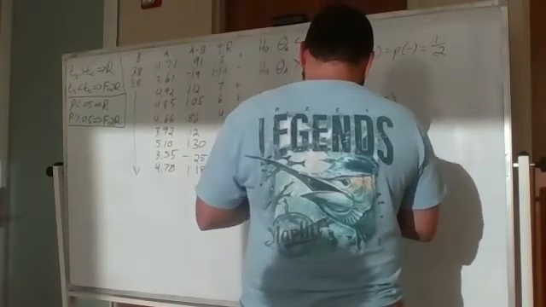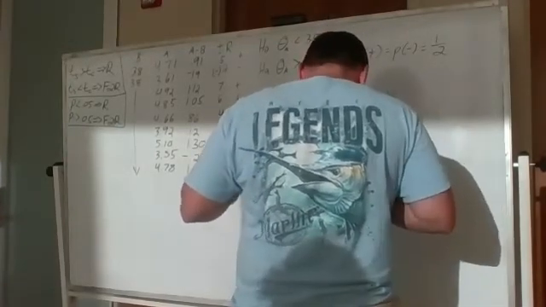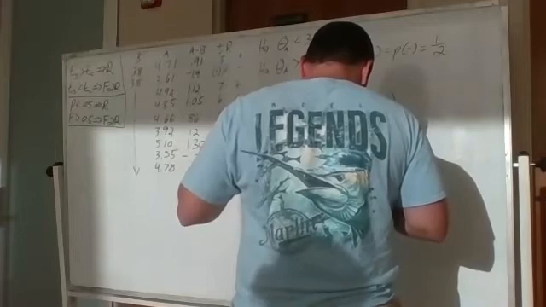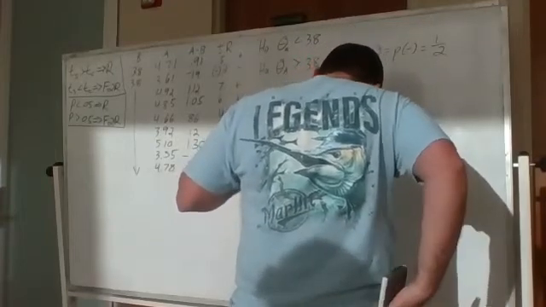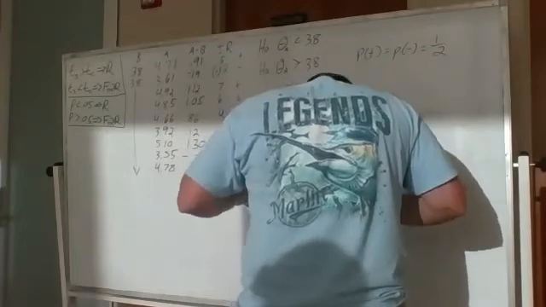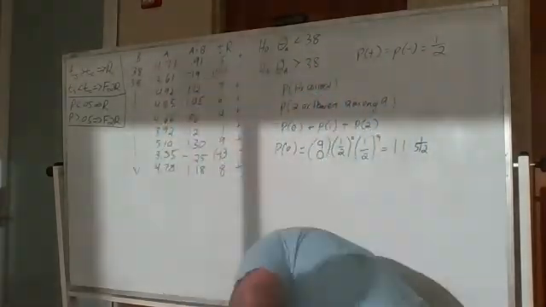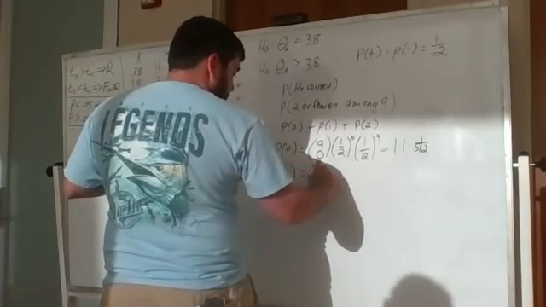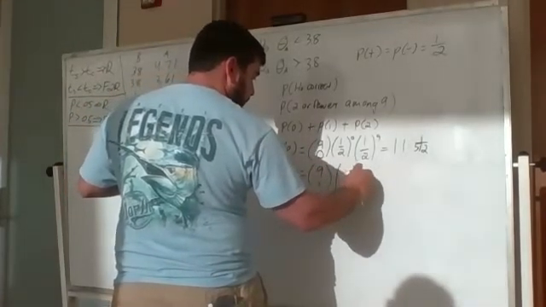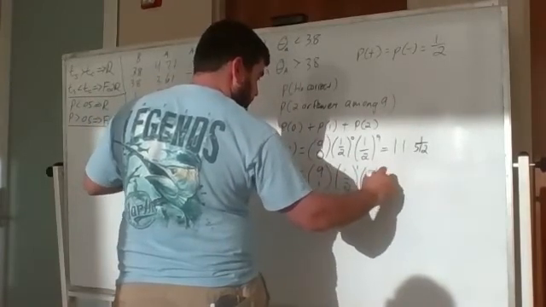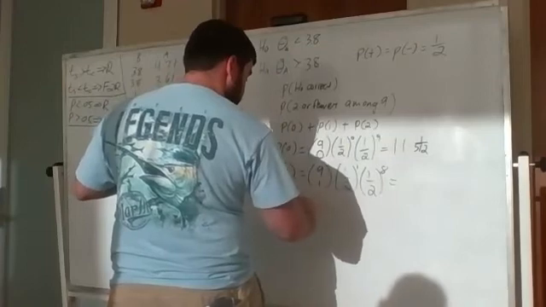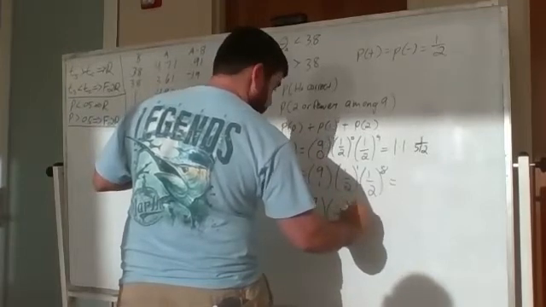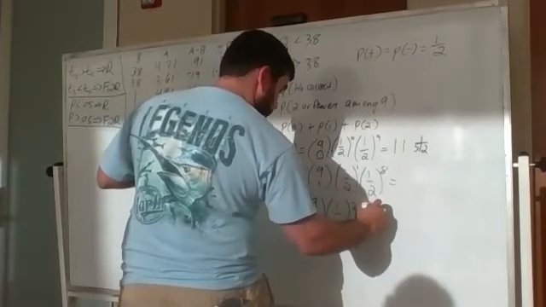Okay. And then, okay, so then the probability of 1 is 9 choose 1, 1/2, 1/2 to the 8, and then 9 choose 2, 1/2 squared, 1/2 to the 7.